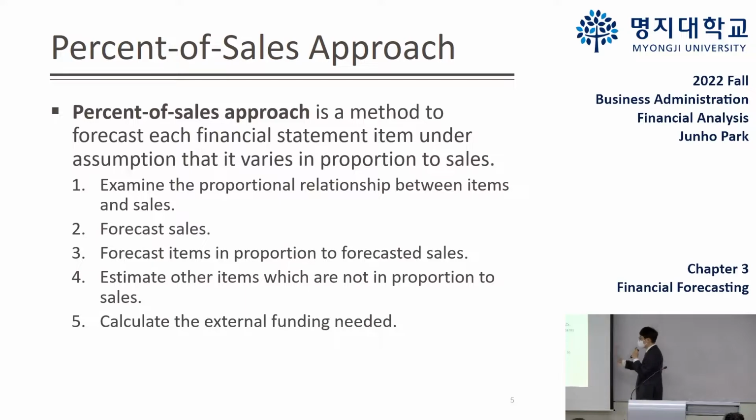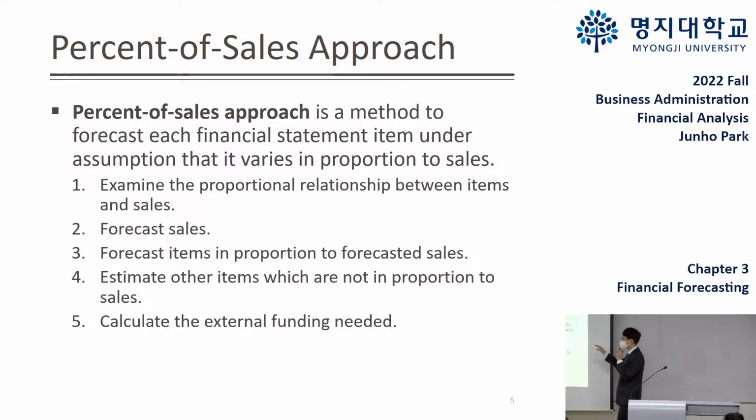And after you finish writing down the balance sheet in the future, now you will be able to compare your predicted assets with predicted liabilities plus predicted equity. And then you will generally find that you need more money as the difference between them.